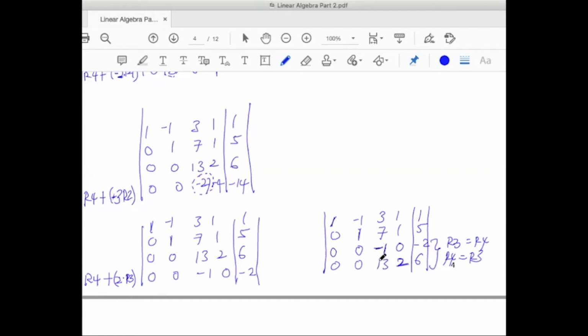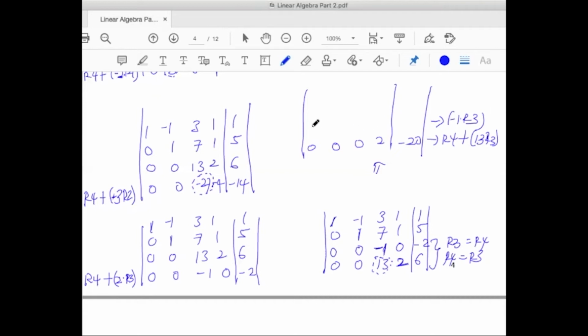Finally, I need to convert 3 to become 0. So I take row 4 plus row 3, but I need to multiply by 13. So that will give us, and for row 3, you have -1, so you want to change it to +1, so you multiply by -1.